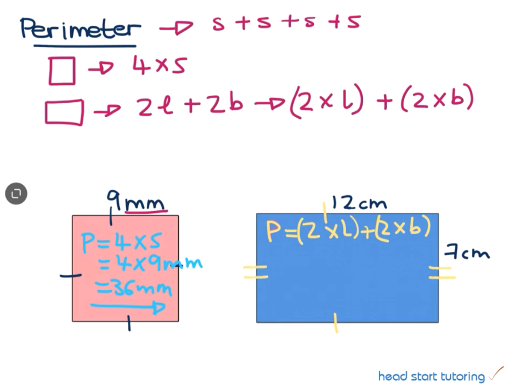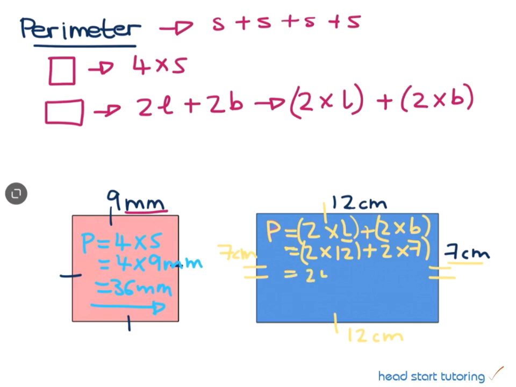So this side is also 12 centimeters and this side is also 7 centimeters. So instead of adding 12 plus 12 and then 7 plus 7, we can just say 12 times 2, which is 2 times our length. So 2 times 12 plus 2 times our breadth, which is 7.